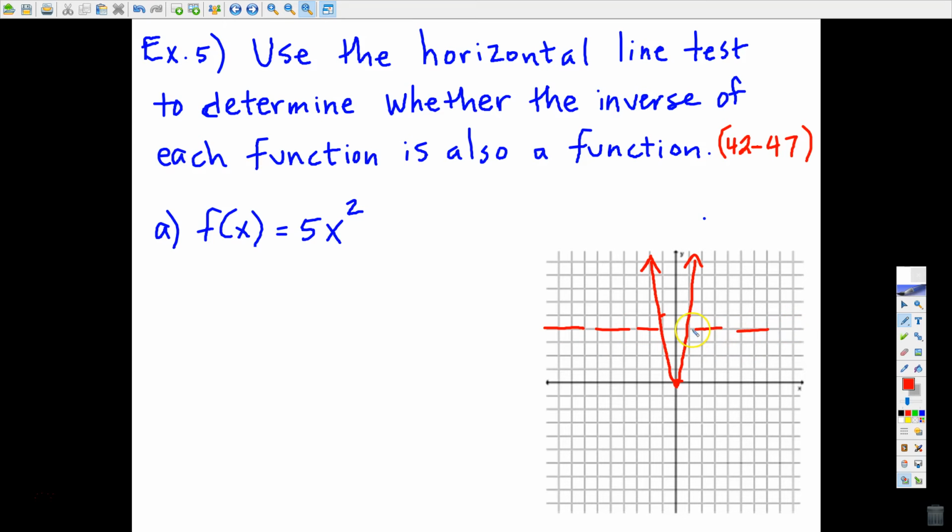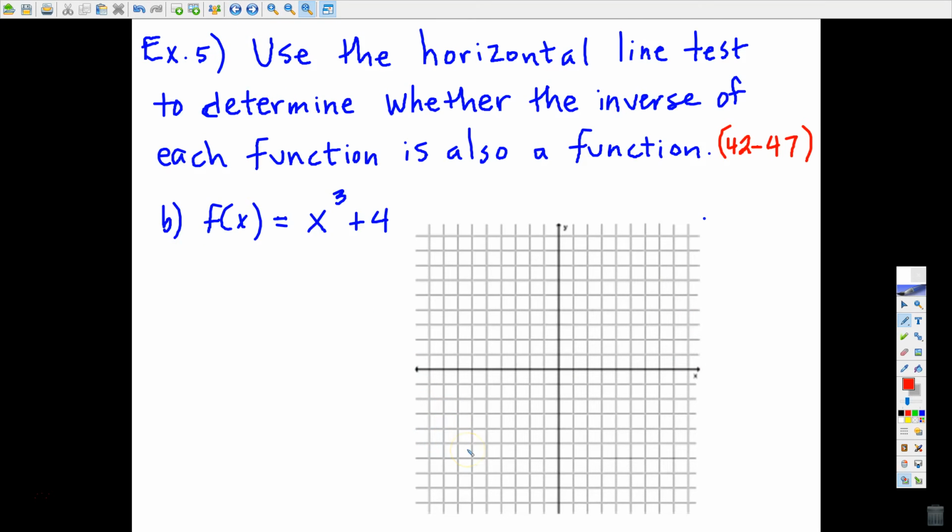And the horizontal line test is useful when we're looking at graphs to determine whether or not the inverse of this would be a function. And we've already established with previous examples that the inverse of a quadratic, unless we restrict the domain, is not going to be a function. So my answer here would be no.